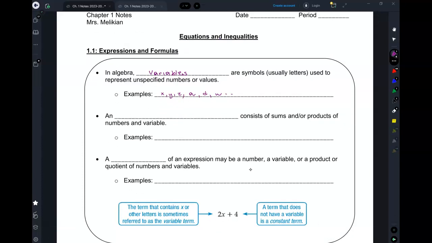So when you have a mix of numbers, variables, and so on, that is called an expression, right? Or an algebraic expression. It's a sum or product of numbers and variables. So for example, 3x plus 5, write that bigger.